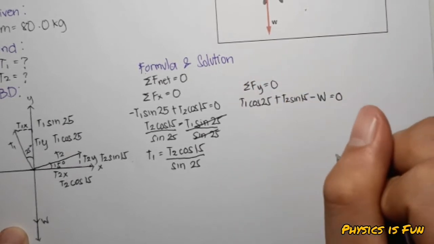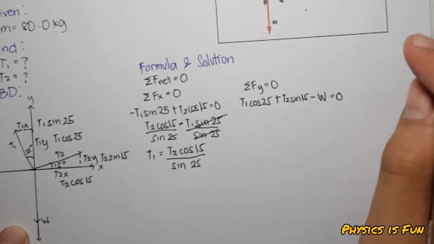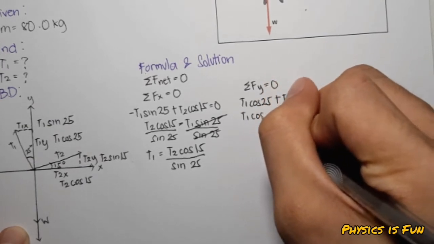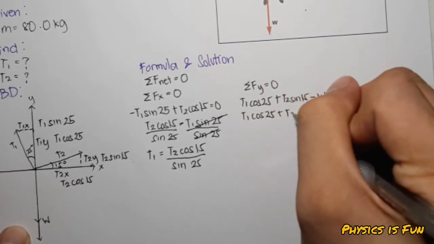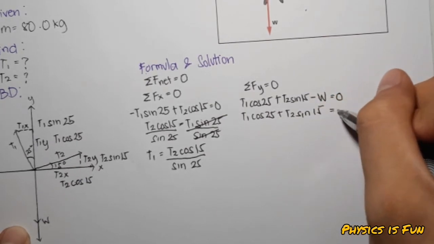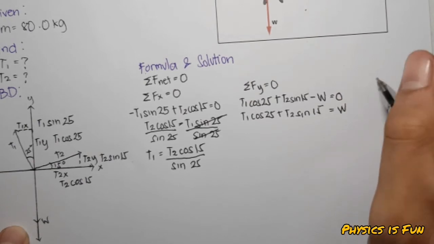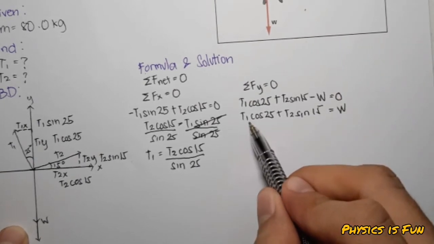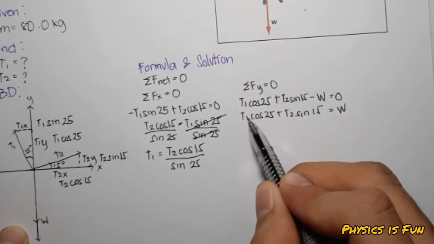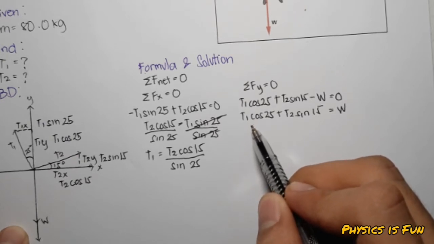Let's make it all positive by using again addition property of equality, or what they call transpose. T1 cosine 25 plus T2 sine 15 equals weight. Weight became positive. And with this, we can now substitute the value of T1 to the T1 here, so that we can be able to identify tension 2.